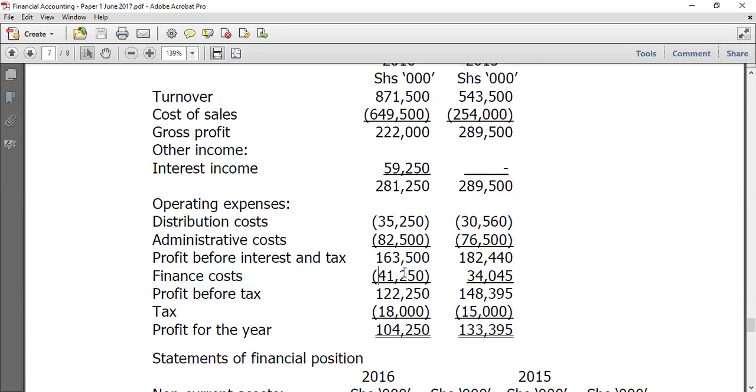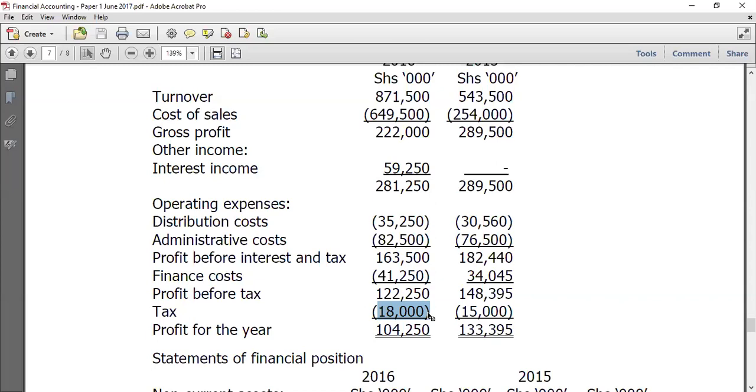Now, the 41,250 that you're seeing here for finance costs is the finance costs for the year, and the 18,000 you're seeing here is also the tax for the year. But it doesn't mean that this is the tax that was paid, or that these were the finance costs that were paid. You need to distinguish these two things.